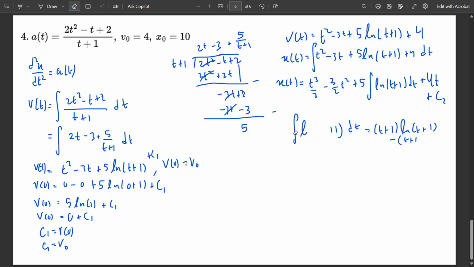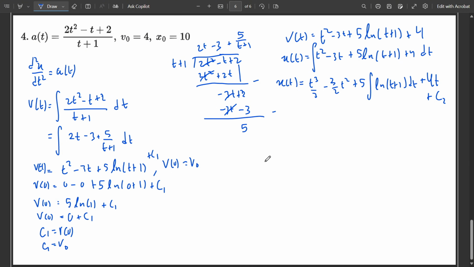So using that, we would have the position function x of t equal to t cubed over 3 minus 3 over 2 t squared plus 5 times t plus 1 ln of t plus 1 minus t plus 1, plus 4t plus c2.